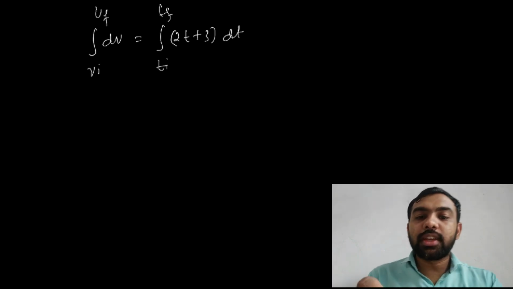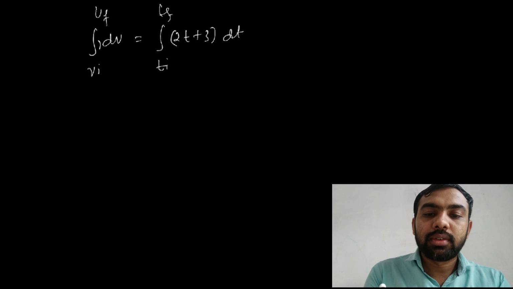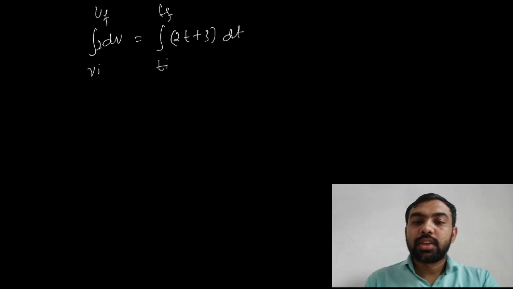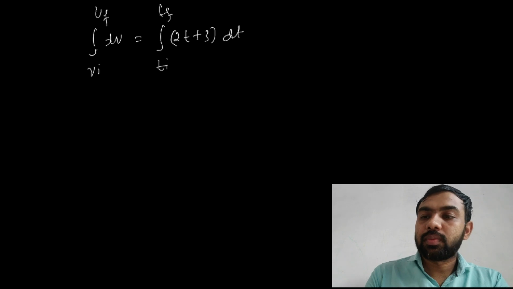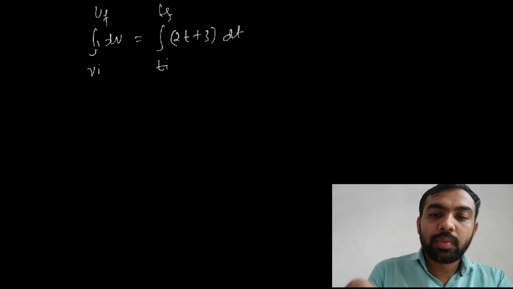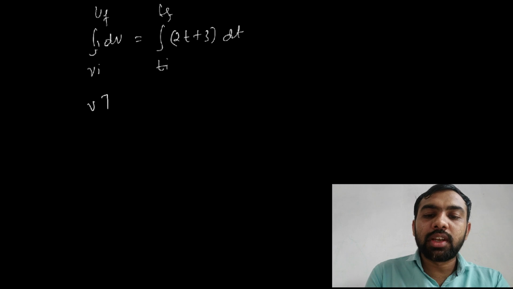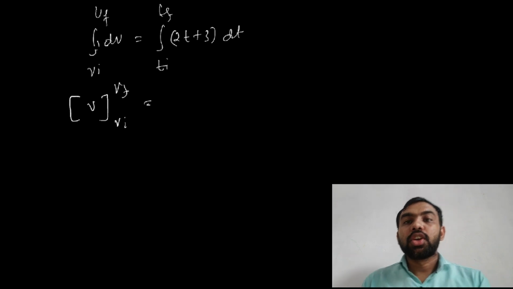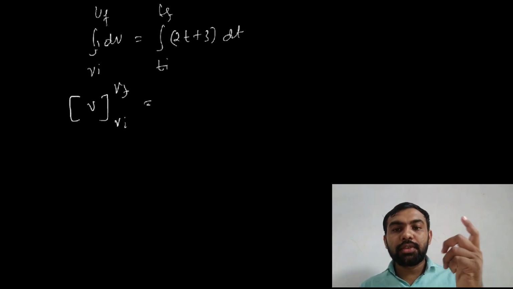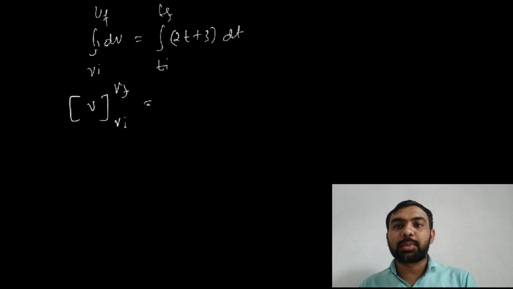So what is the integration of 1 dv? It is v, with the limit v initial to v final, is equal to, what is the integration of this one? Similar to differentiation, we separate the summation and subtraction.